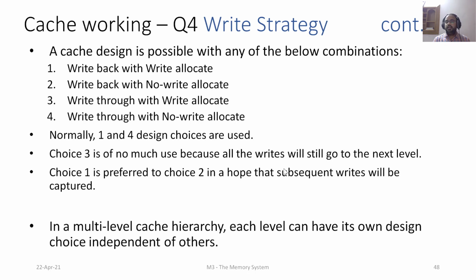In general, because we have multiple levels of cache, L1, L2, L3, even L4 in some of the processors, each of those levels of cache can have any combination of this, and it is not dependent on any of the levels above or below it. At each level, the optimization aspect would be different, and accordingly the choice we would go for would be different.